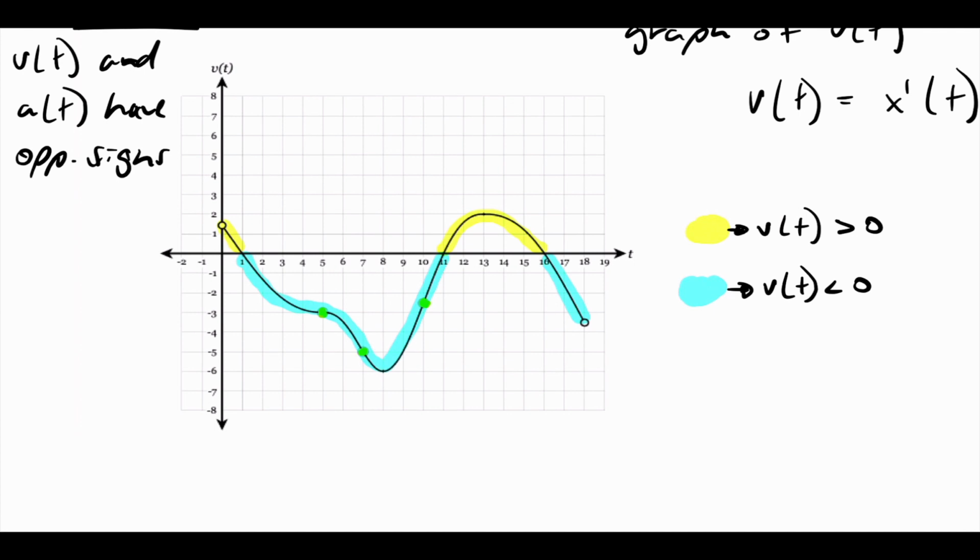How am I going to know when acceleration is positive or negative? Looking at the slopes of this graph. Looking at the derivative of this graph. Derivative means slopes, increasing, decreasing, right? So where is this graph increasing and where is it decreasing? I'll just use a red pen.